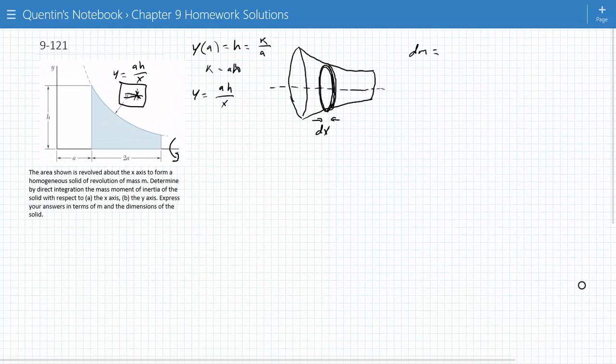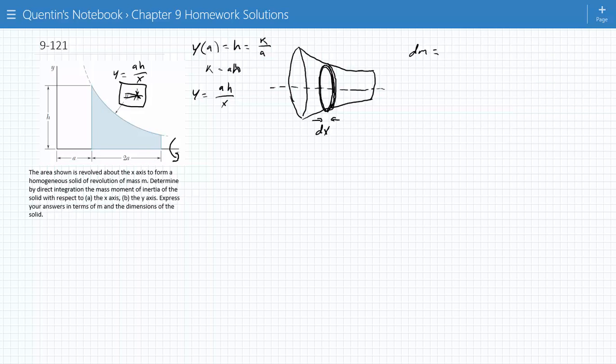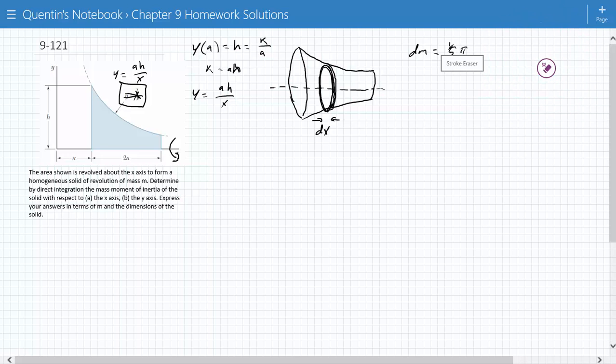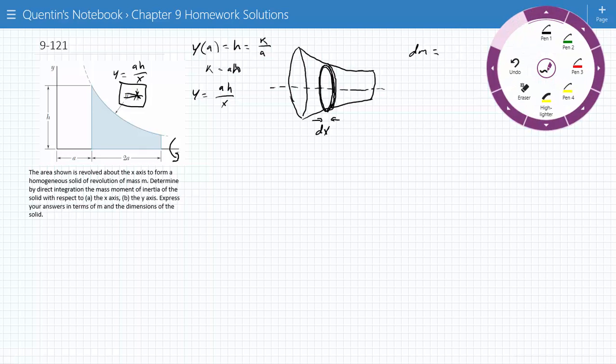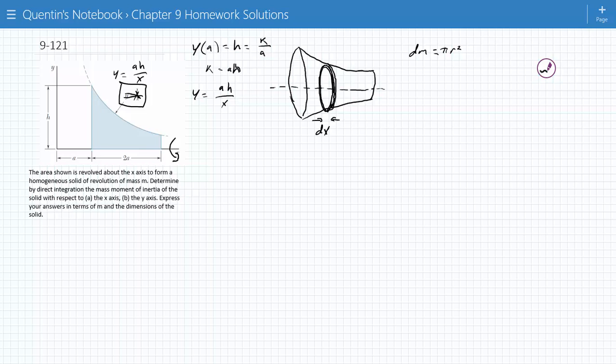It's going to be the area times the thickness. The area is pi r squared, and the thickness is dx. But this is the volume. We don't need volume, we need mass, so we need to multiply that by density.